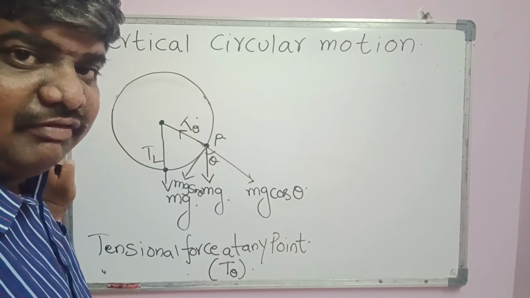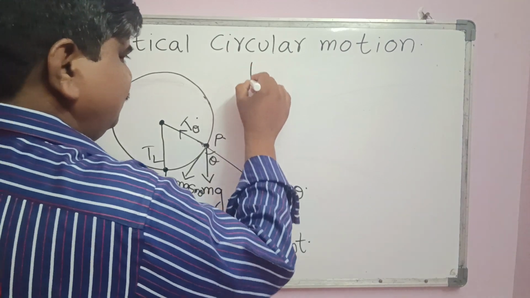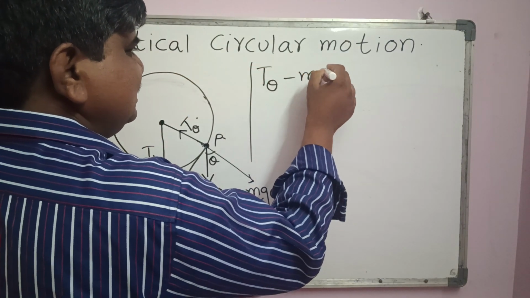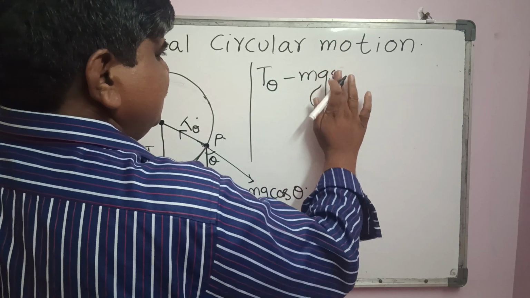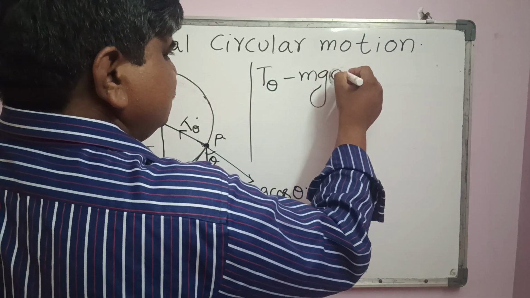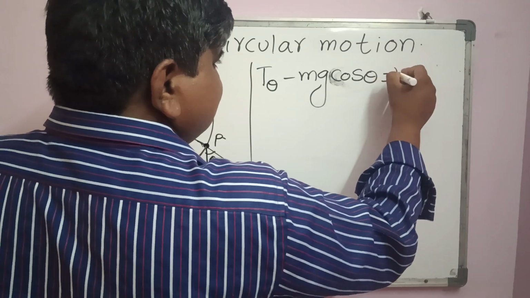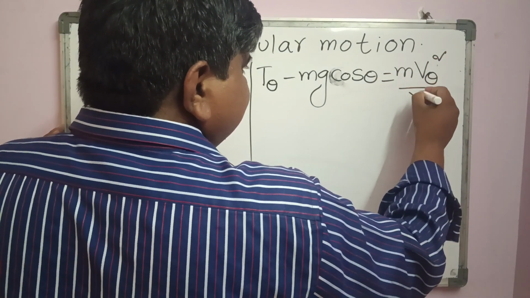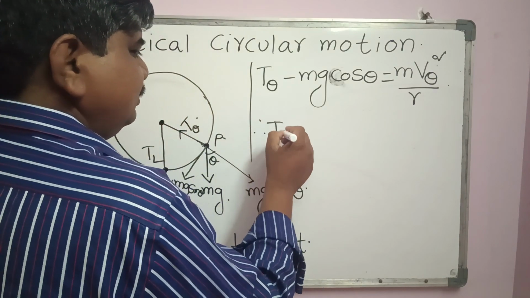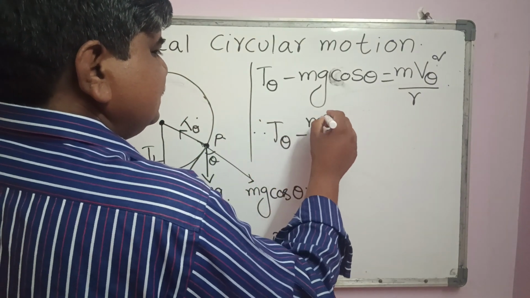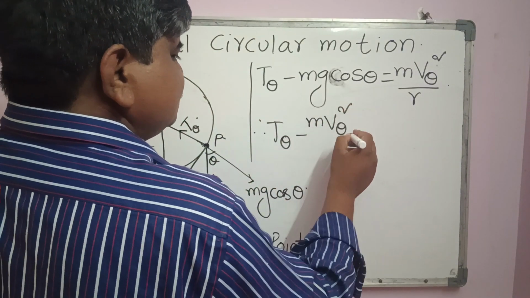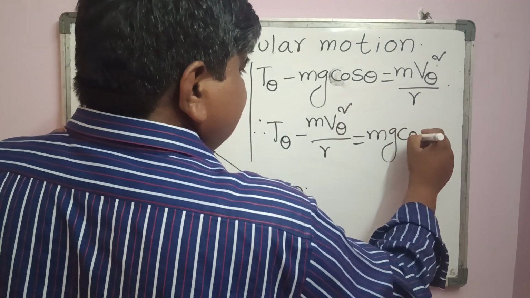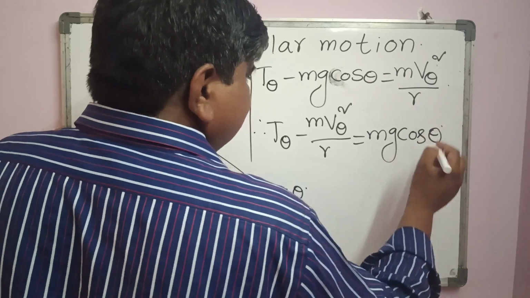Therefore we can write T theta minus mg cos theta is equal to m v theta square by r.